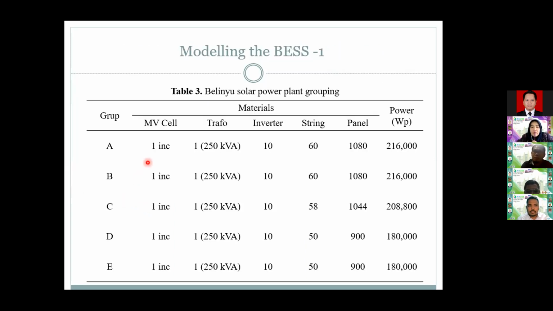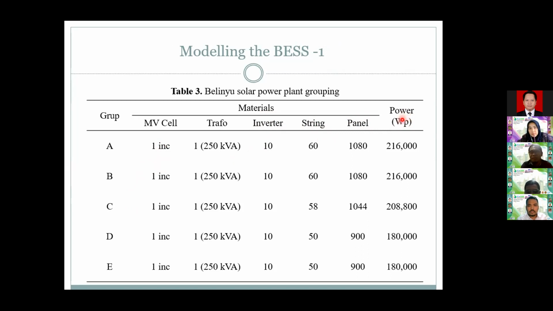Okay, this is the modeling. The solar plant has 5 groups and material that supports the plant. It's shown in this slide. It has inverter, the string group, number of solar panels, and power capacity according to the plant design.